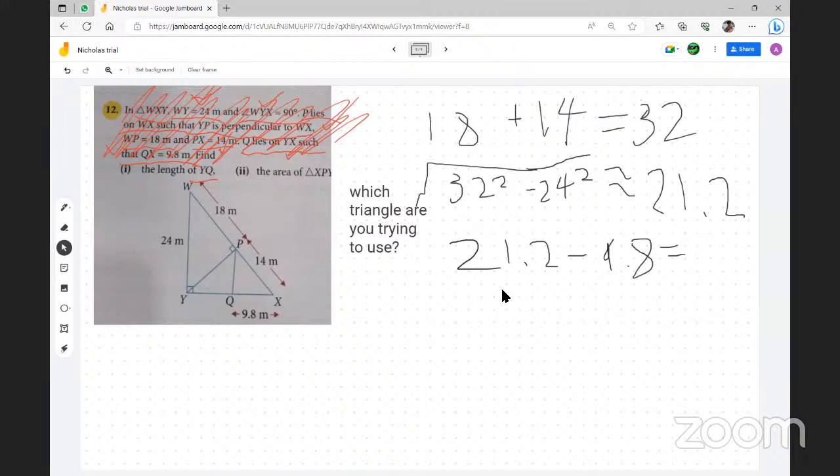Should we get rid of the decimals in the last sum? I mean, we hope so, but to be fair, you just have to accept ugly numbers in Pythagoras. It's just like that.